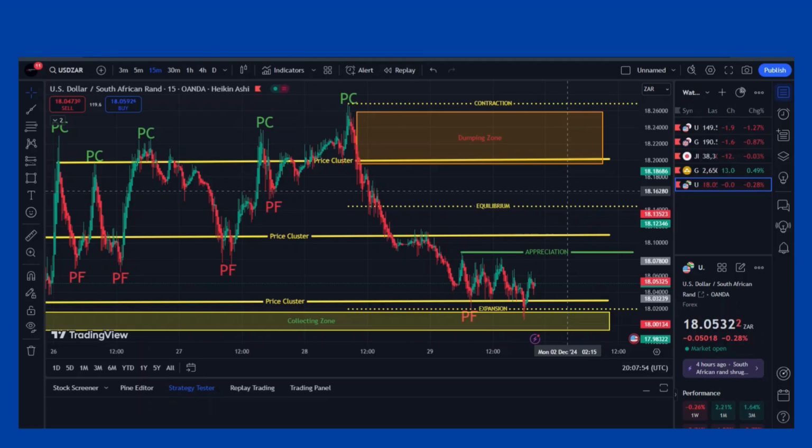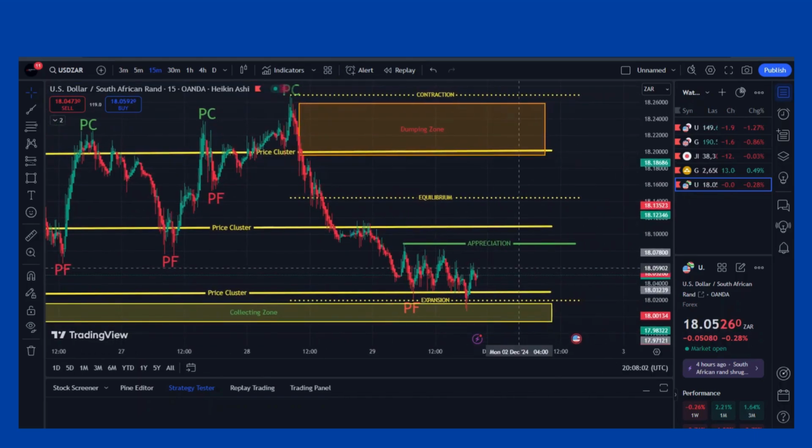Typical example: if inflation is rising, one of the tools the government uses to fight inflation is to increase the interest rate. And if you increase the interest rate, it strengthens the dollar.